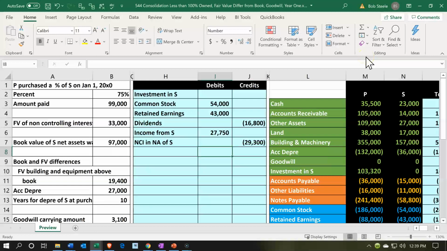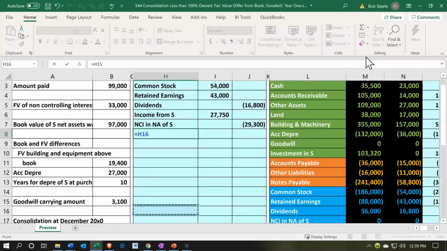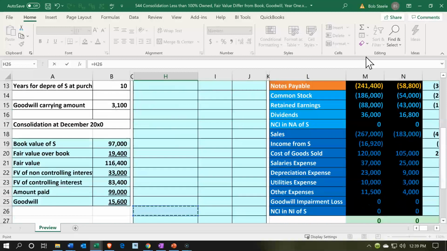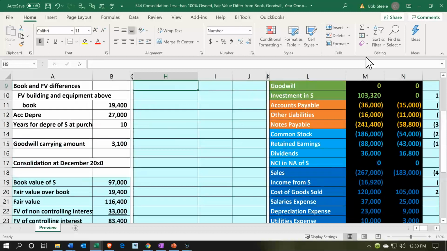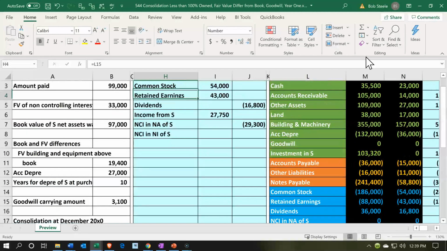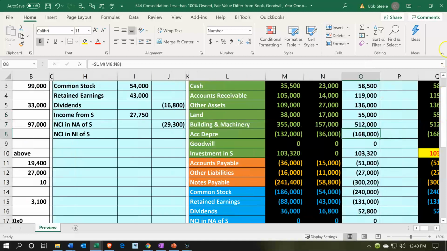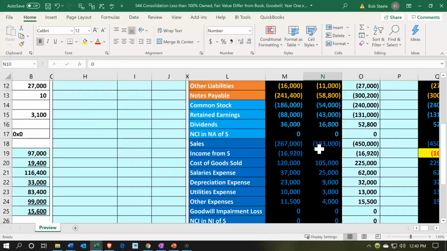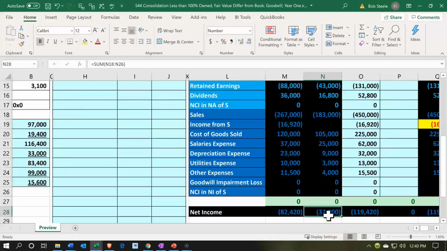Then we did the same on the income side of things. We have the non-controlling interest with regards to the income statement. Because we accounted for our portion of the income here, now we want to account for the non-controlling interest in the income. So you would think, right, we took the income here and we took the controlling interest of it, which was the 75%, so the non-controlling interest must be 25% of that.